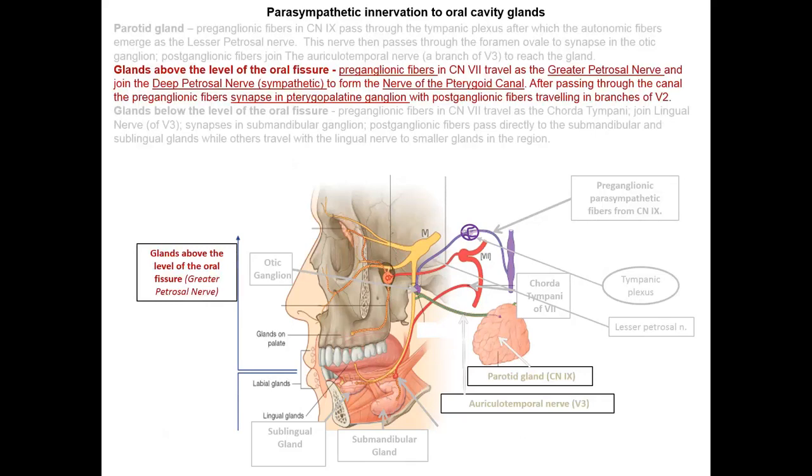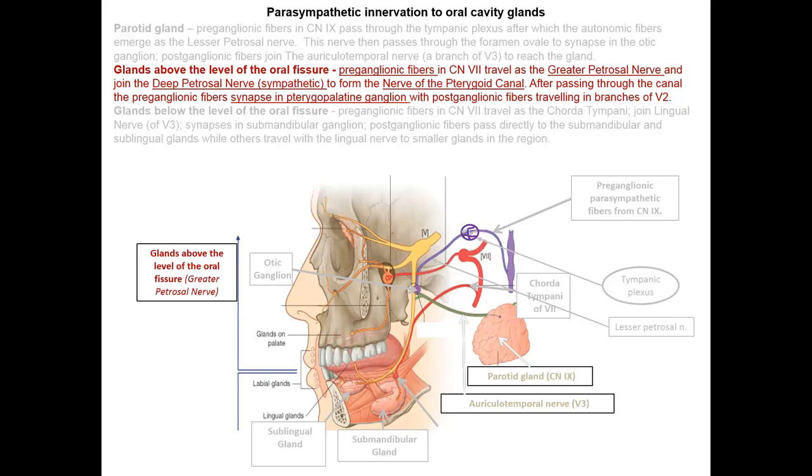Next, we have the glands above the level of the oral fissure. In this innervation pattern, we have preganglionic fibers from cranial nerve 7 that travel as the greater petrosal nerve, and they join the deep petrosal nerve, which is sympathetic, to form the nerve of the pterygoid canal.